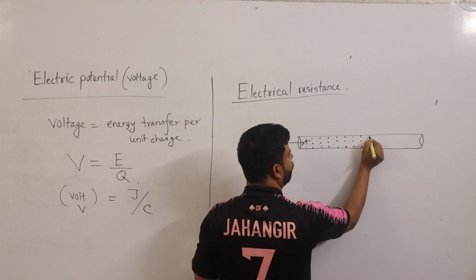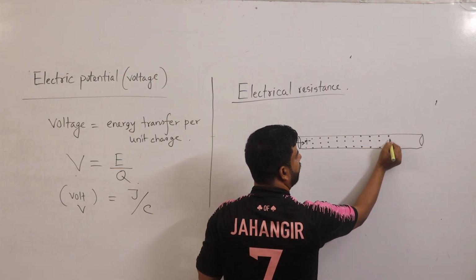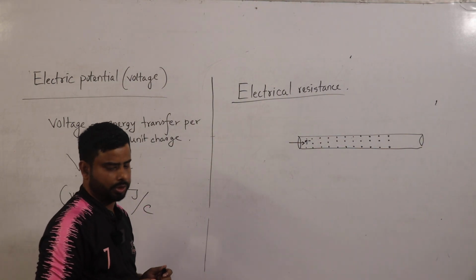When electrons flow through the material, a lot of collisions occur between the moving electrons and the vibrating ions.